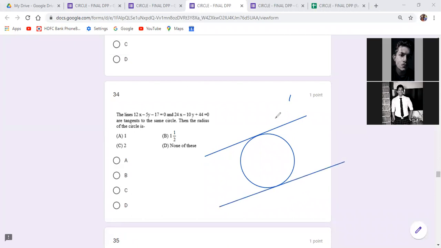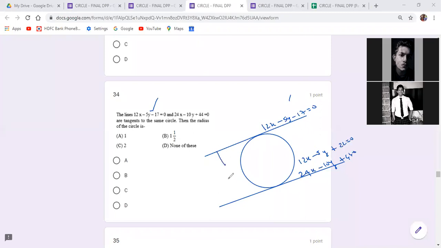The equation of the first one is 12x minus 5y minus 17 equals 0. For 24x minus 10y, you need to divide it by 2 first, so 12x minus 5y.